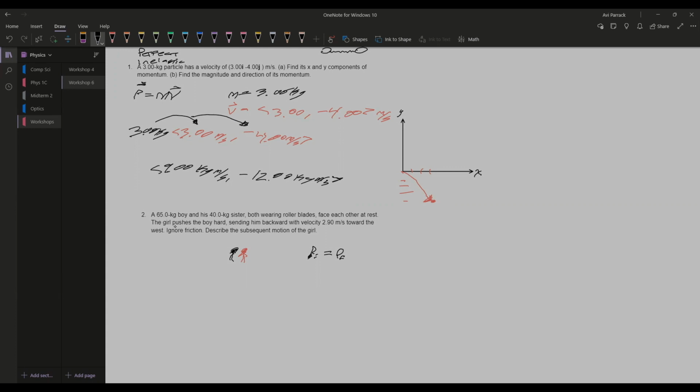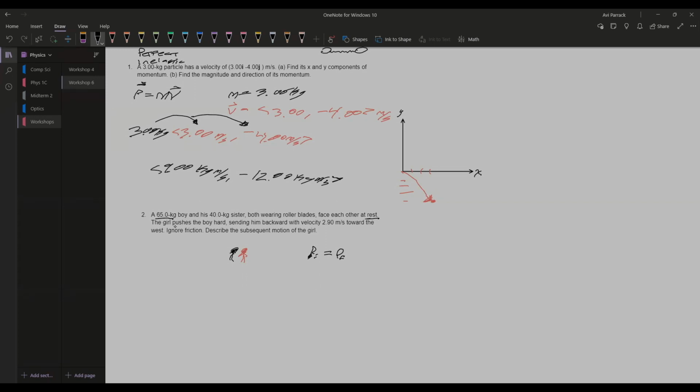Now, initially, what is their momentum? They're sitting at rest. So let's look at the momentum of the girl. She has some mass. She has a mass of 40 kilograms. And what's her velocity? Her velocity is 0, right? So isn't her momentum 0? 40 times 0 is 0. Now let's look at the boy. He's got a mass of 65 kilograms, and like his sister, he is at rest.